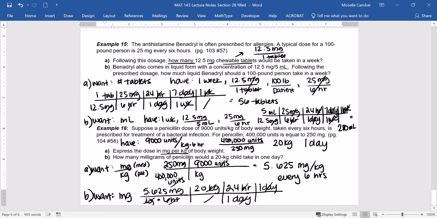I'm left with milligrams, so I have 5.625 times 20 times 24 divided by 6, to get 450 milligrams. So that's how much that one child would take for the entire day. Okay, and that is it for 2B.